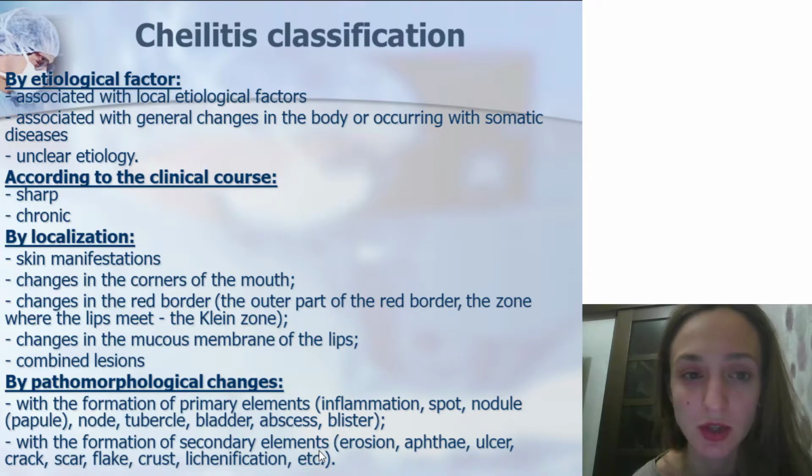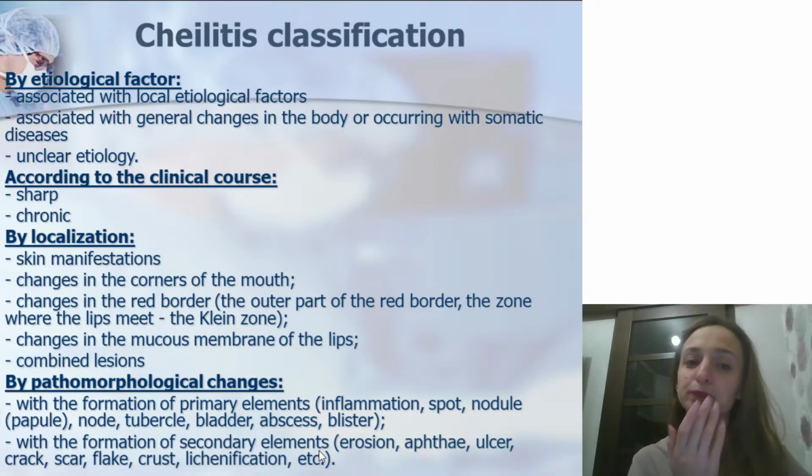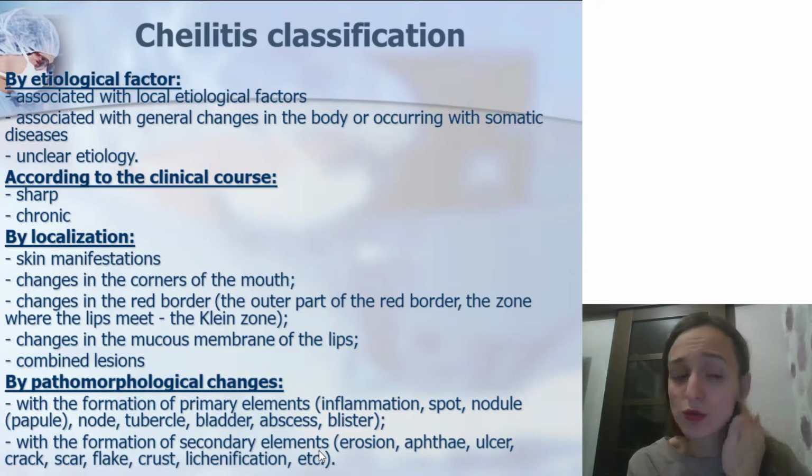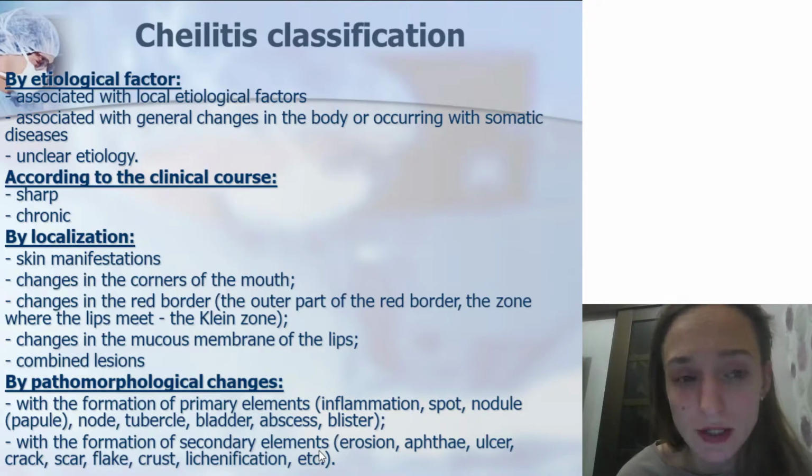Independent cheilitis. Next one, it is classification also by etiological factor, so associated with local etiological factors and with general changes in the body or occurring with somatic diseases, and unclear etiology.